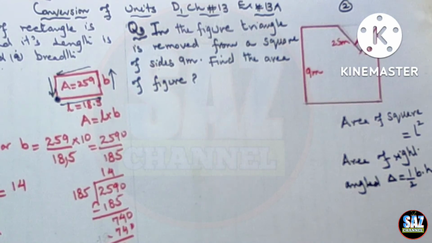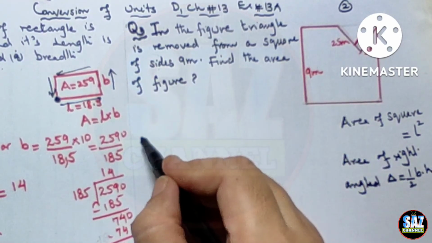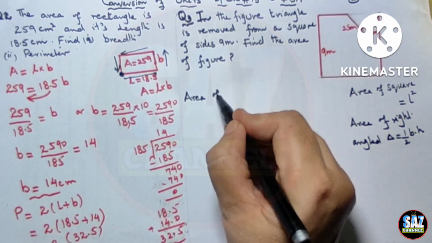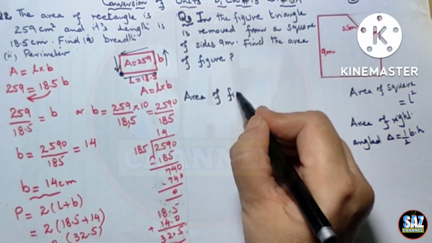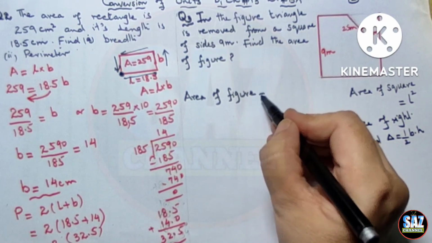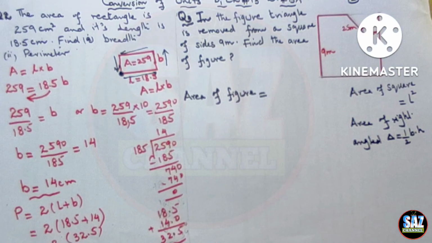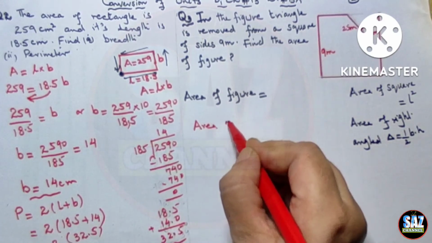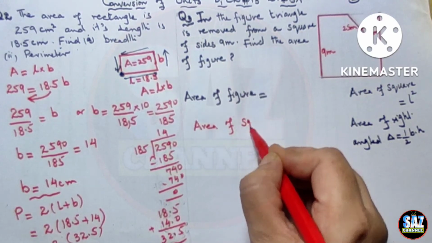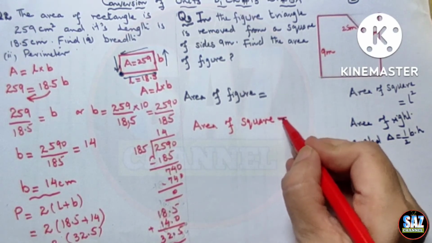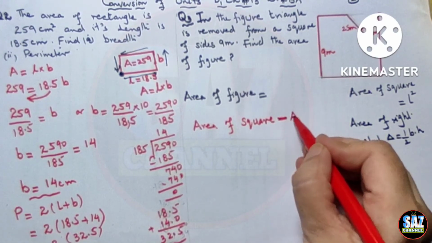So in order to find the area of the figure, students, what will be the area of the figure? How to find it out? Area of square minus area of what? Minus area of triangle.